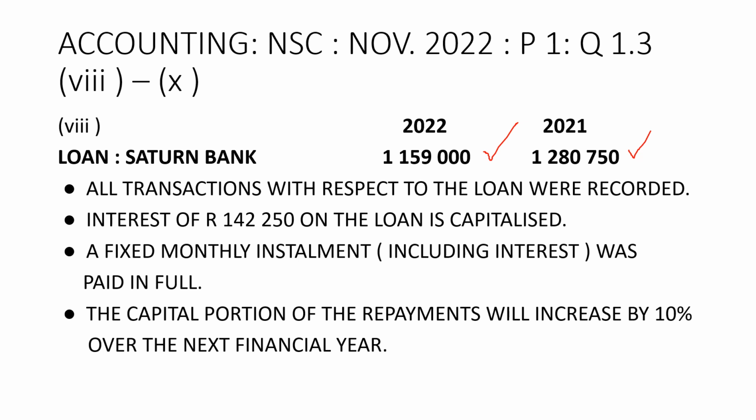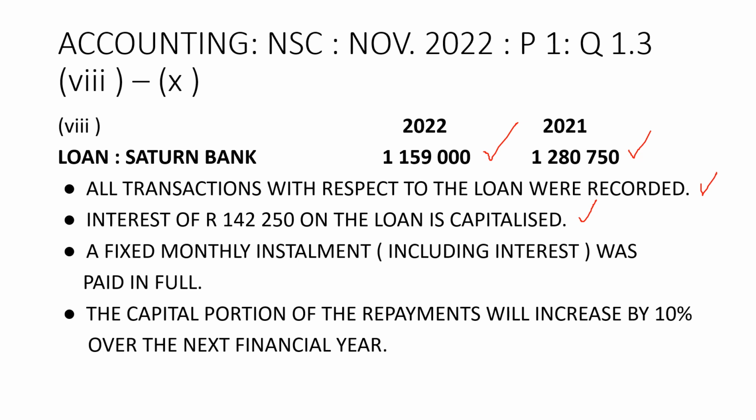All transactions with respect to the loan were recorded. Interest of 142,250 Rand on the loan is capitalized. Capitalized means that when you make a monthly repayment, not only are you paying back the interest on loan, but you are paying back a portion of the loan.